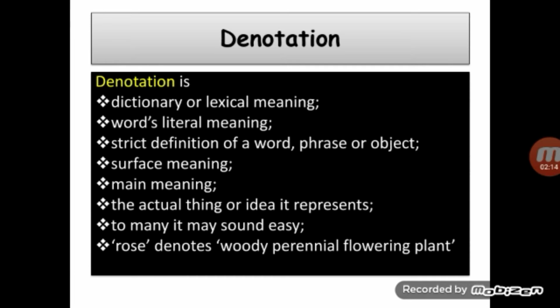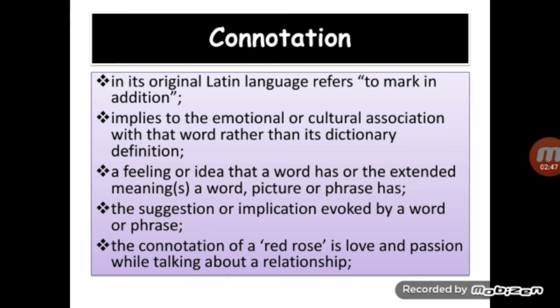Red rose, for example, denotes a woody perennial flower plant in red color here. There are different types of roses, but red rose here is one species of rose that is a woody perennial flowering plant. And after talking about denotation, it's time to talk about connotation.